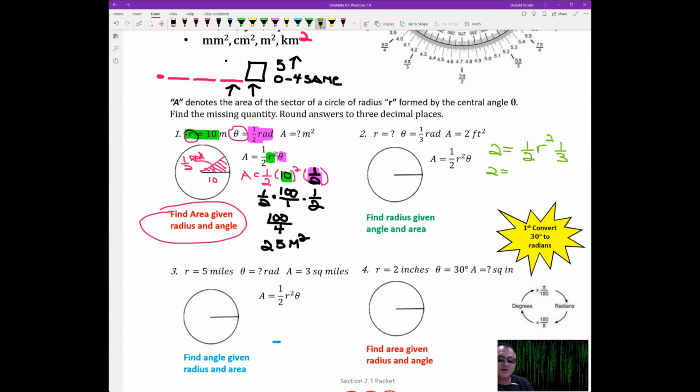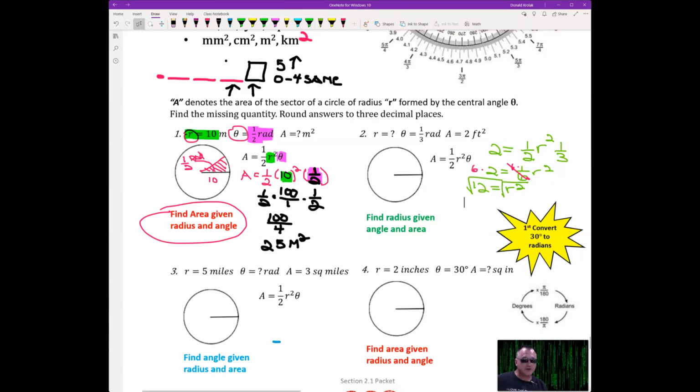To simplify this, I multiply my 2 fractions. Now to get rid of that fraction, I'm going to multiply both sides by 6. That gives r squared, and to get r, I take the square root.